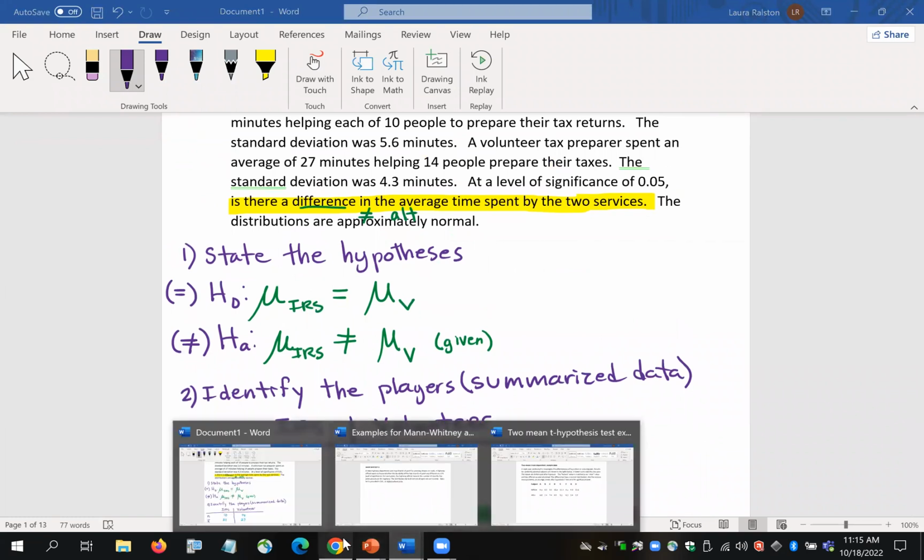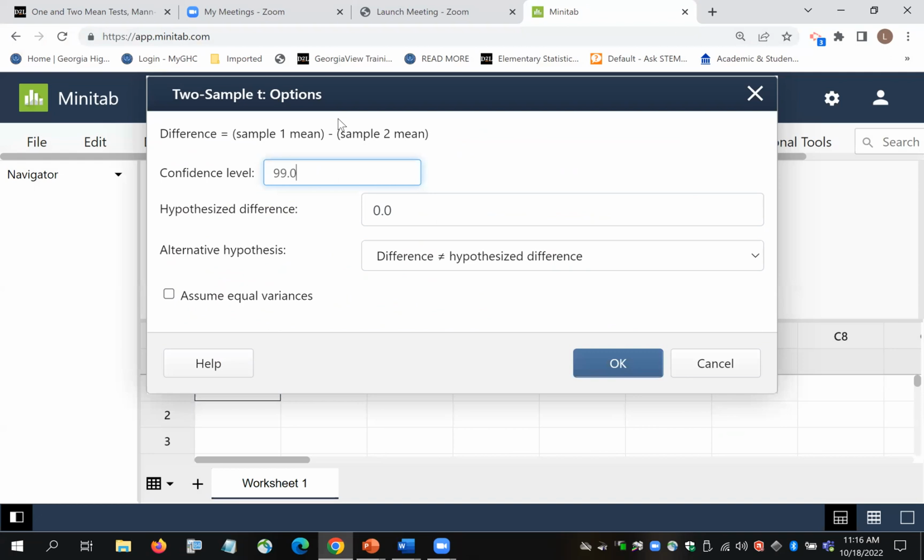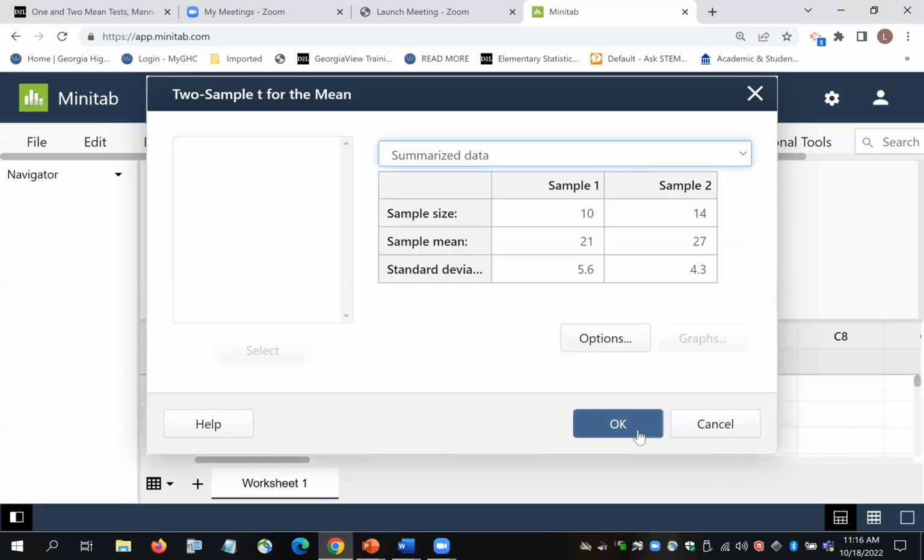Thank you. Okay, so it's 0.05. Let me change that. Our hypothesized difference is 0, because we're saying they're either equal or not equal. We are assuming equal variances. I click OK.